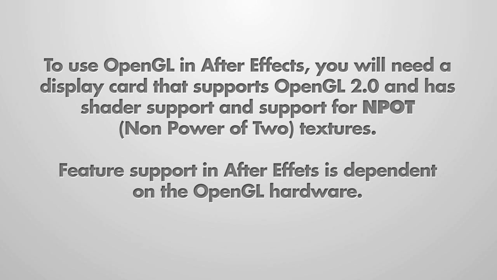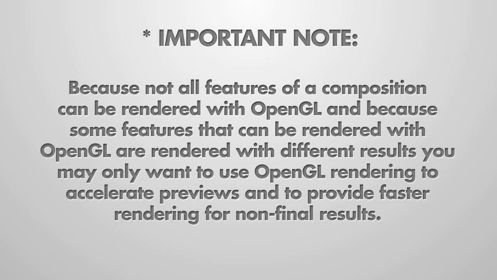I want to point out something very important, because not all features of a composition can be rendered with OpenGL, and because some features that can be rendered with OpenGL are rendered with different results, you may only use OpenGL rendering to accelerate your previews and to provide faster rendering for non-final results.